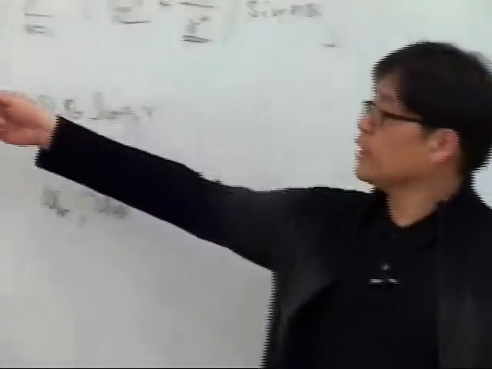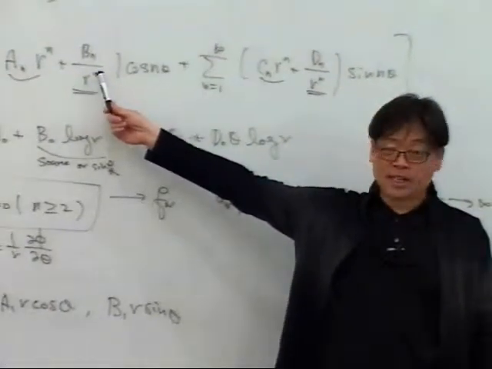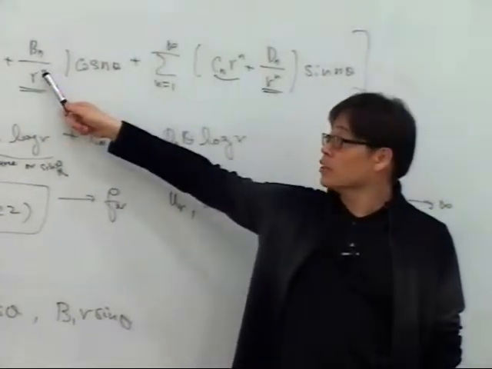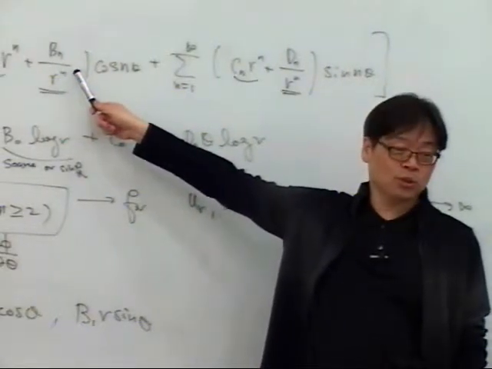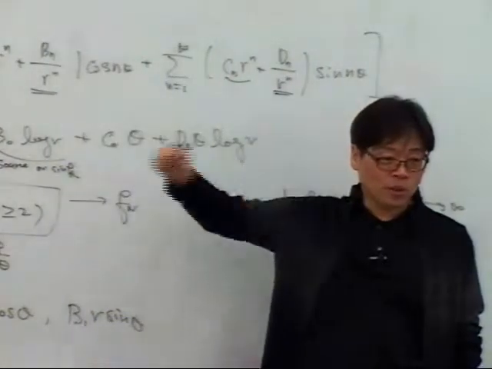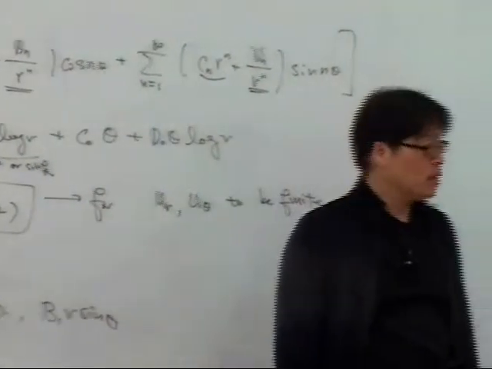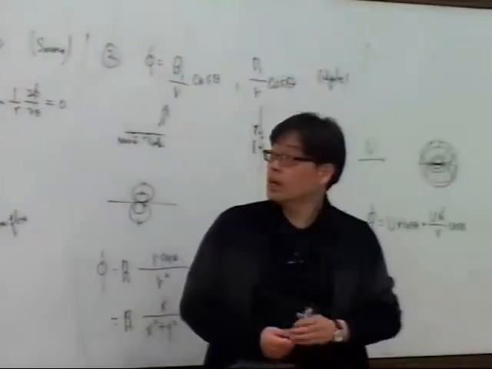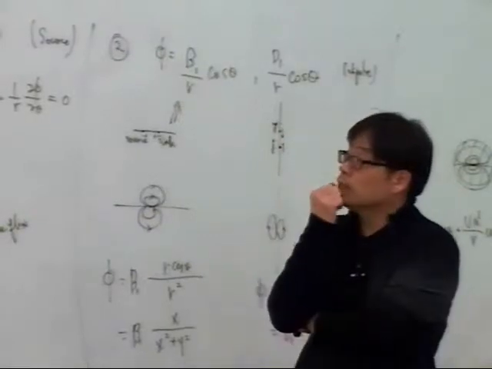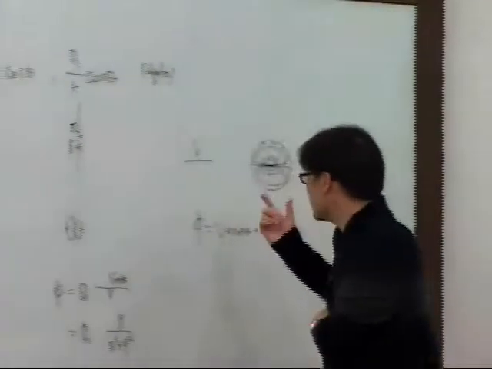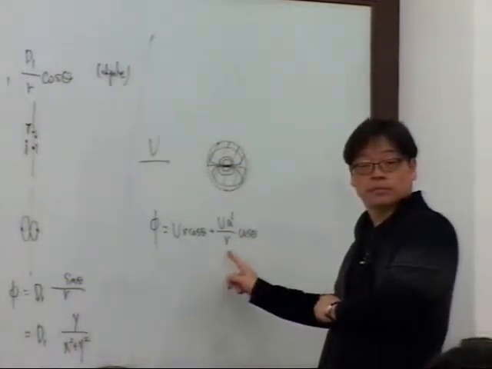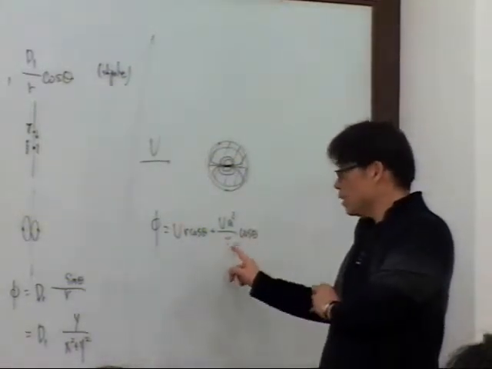And also, we looked at the case when n equal to 1, then I said this is a solution for a dipole, and you can increase n from 1 to 2, 3, and so on. Those are all the multipoles. So this is source, dipole, and the multipoles. And if the geometry is simple like this, then we only need the dipole.